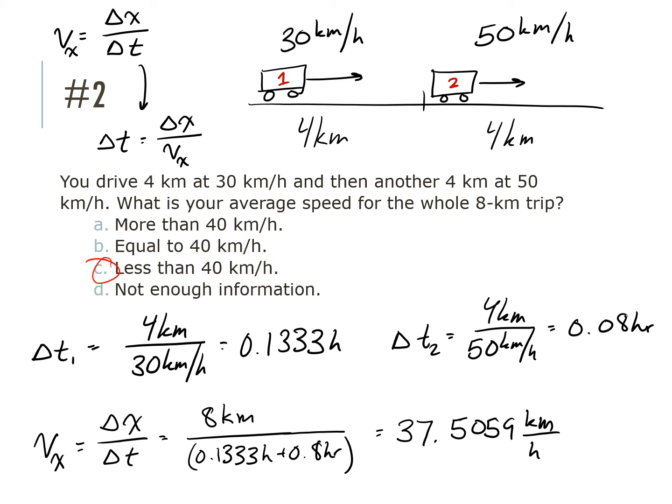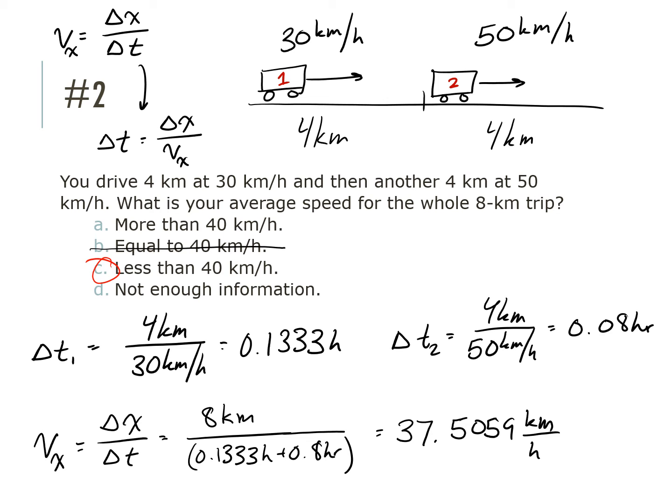We don't know if we have a constant acceleration, and in fact we don't. We accelerate only at one point in our trip. Only at the end of 4 kilometers, we somehow instantly change our velocity from 30 to 50. Because our acceleration isn't constant here, we cannot just add the 2 and divide. And so that is what eliminates B.